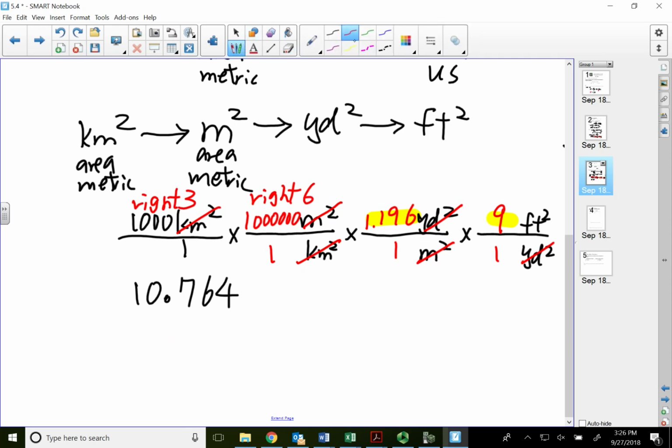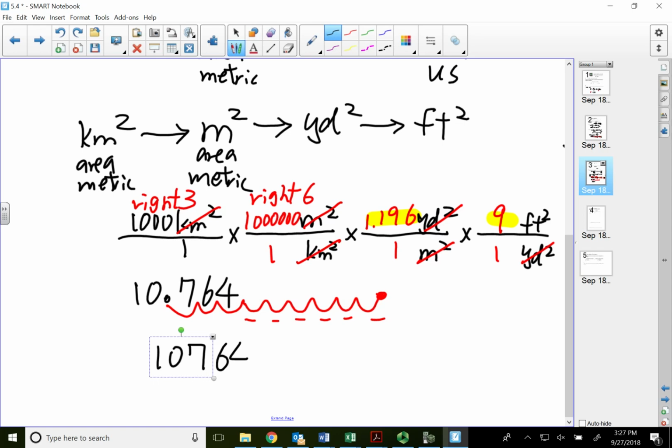So let's move them. Move to the right 3, 1, 2, 3. And then move again 6 places to the right. 1, 2, 3, 4, 5, 6. So the decimal is here now. So here I got 6 empty slots I can put my zeros in. So my answer is 10764 with 6 zeros behind it.